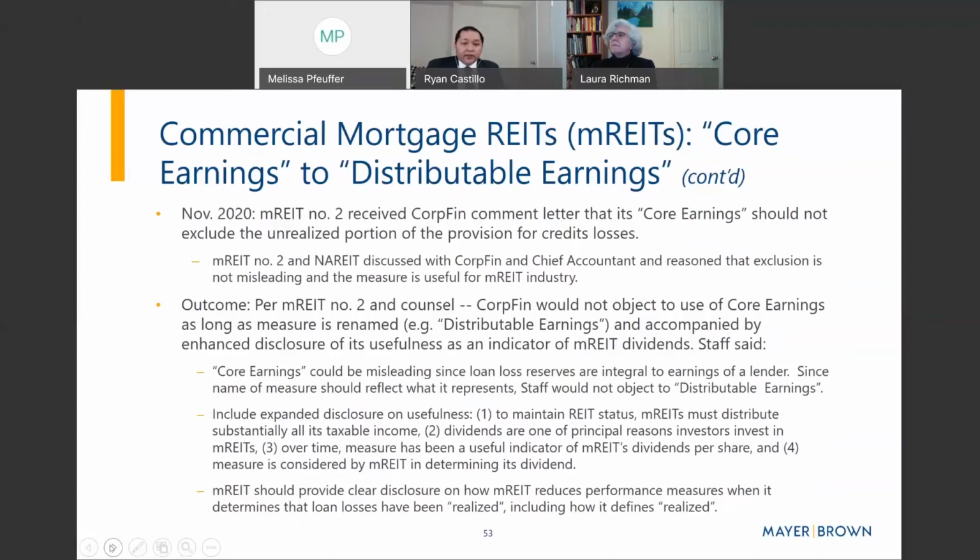And the outcome, as reported by the law firm to REIT number 2, was that now CorpFin would not object to the use of core earnings as long as the measure is renamed, for example, distributable earnings, and the measure is accompanied by enhanced disclosure of its usefulness as an indicator of REIT dividends. So as a result of this, we understand a lot of commercial mortgage REITs will now be renaming core earnings to distributable earnings and providing the expanded disclosures.